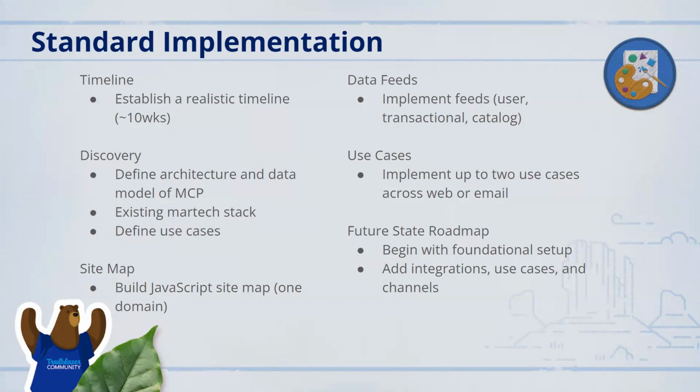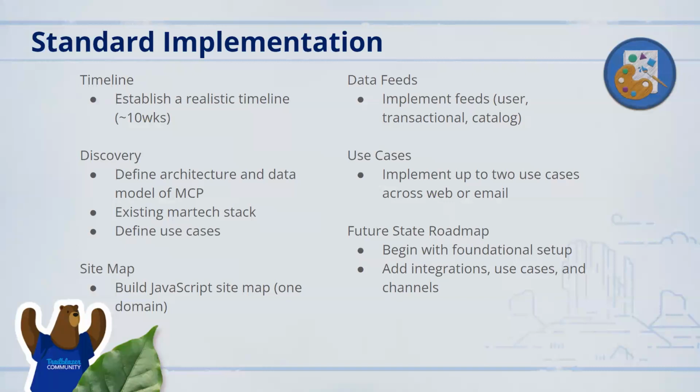Following the sitemap development, there are our data feeds. It's recommended to begin implementing 1 to 2 data feeds to meet those key use cases, and then consider implementing more feeds later. Now that we have those data feeds set up, you can begin implementing those key use cases.